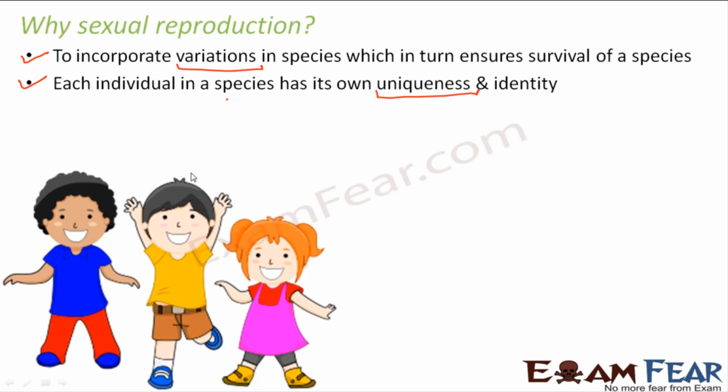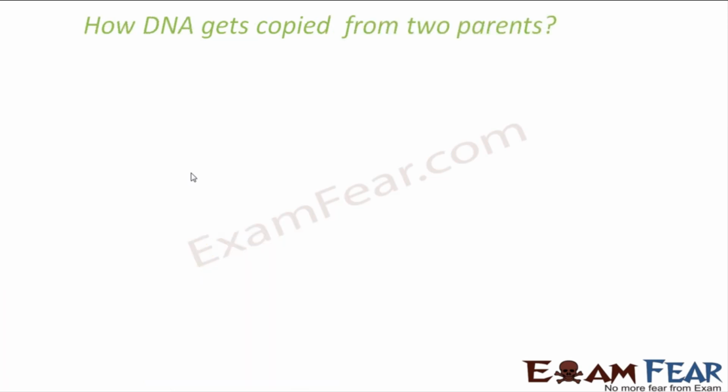It has certain inaccuracies, and because of those small inaccuracies, new characters or small variations arise. So let us now see how DNA gets copied from 2 parents.